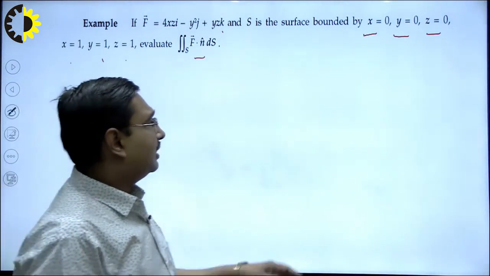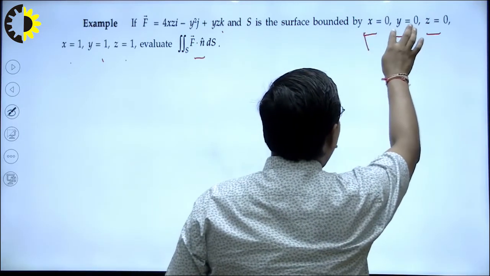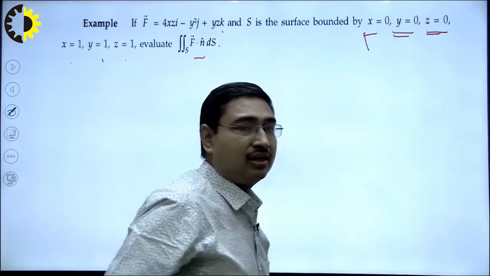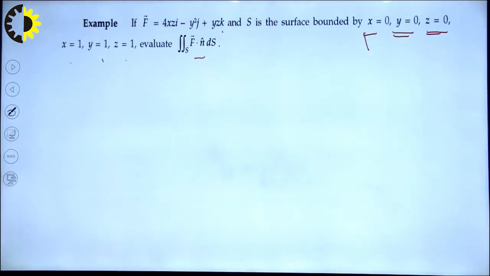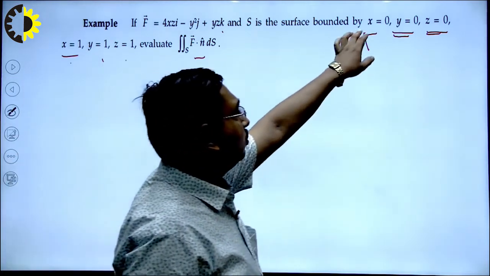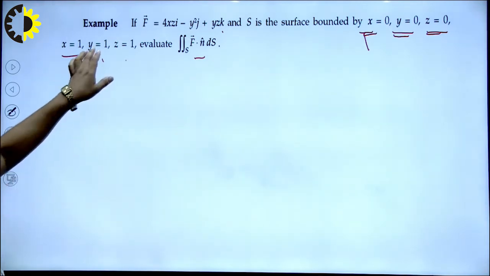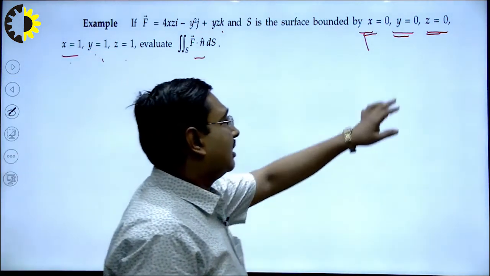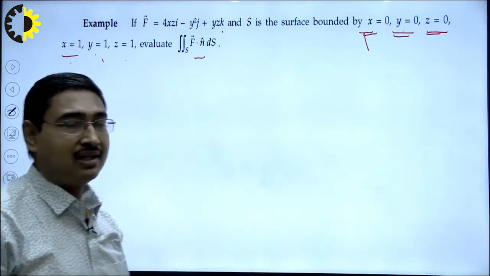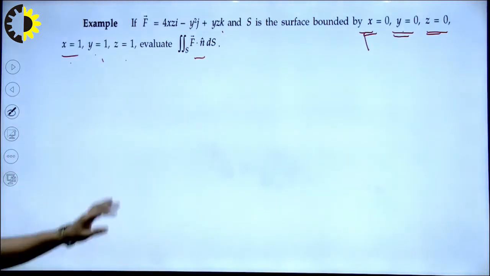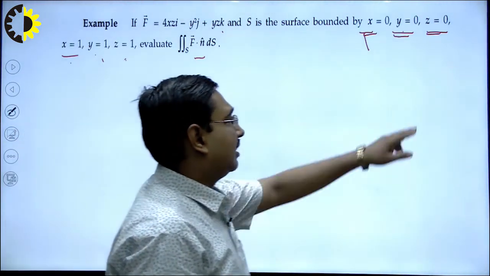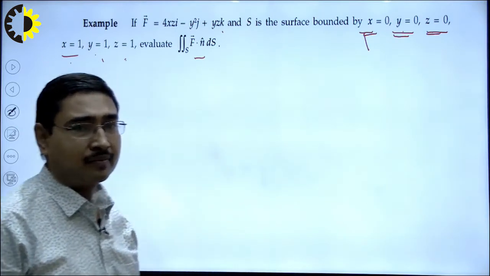We know that x equal to 0, y equal to 0 and z equal to 0 are equations of coordinate planes. X equal to 1 is a plane parallel to the plane x equal to 0, that is the yz plane. Y equal to 1 is a plane parallel to y equal to 0, that is the xz plane, and similarly z equal to 1 is parallel to the xy plane.